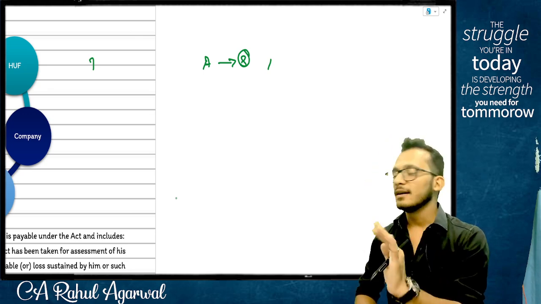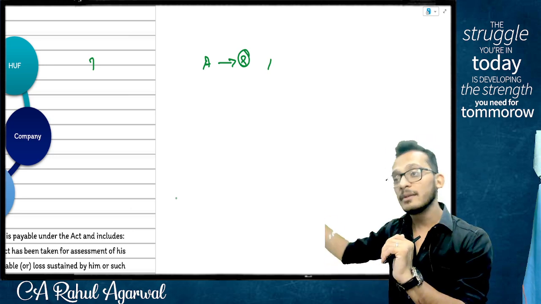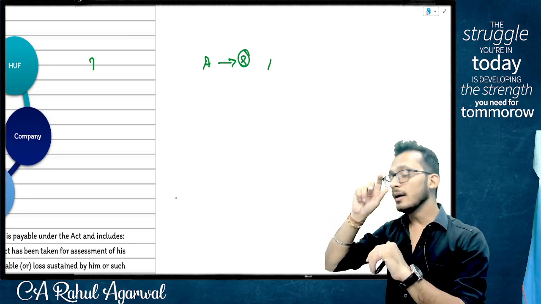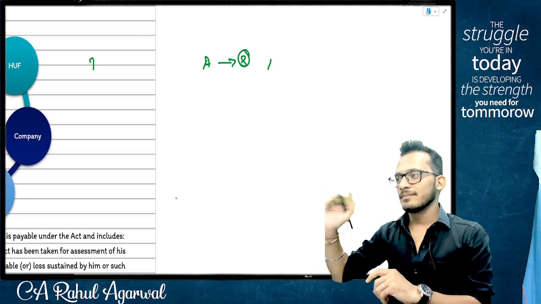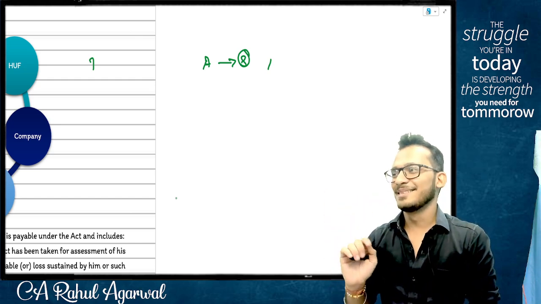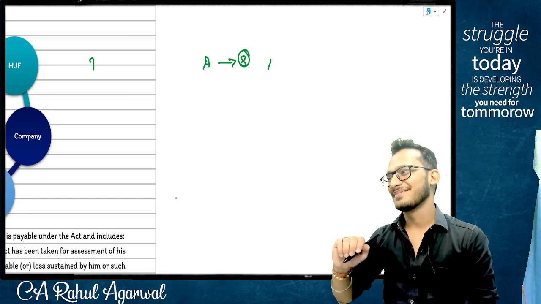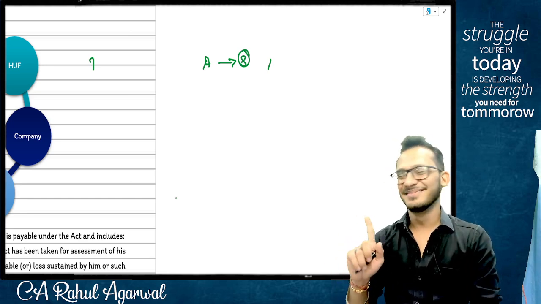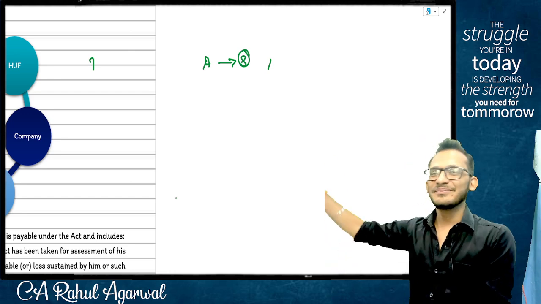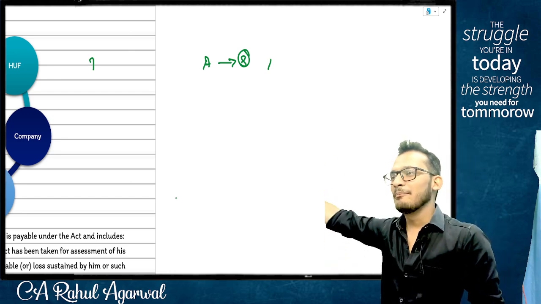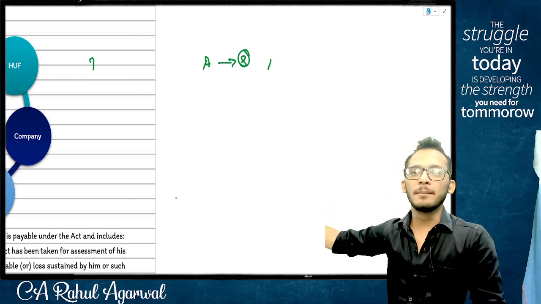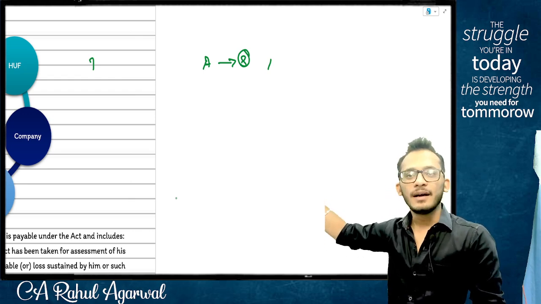Clear enough? Now I want to understand who and all can become the member of the HUF. People, understand, I'm going to give out examples. You're going to tell me whether the person is a part of HUF or not.